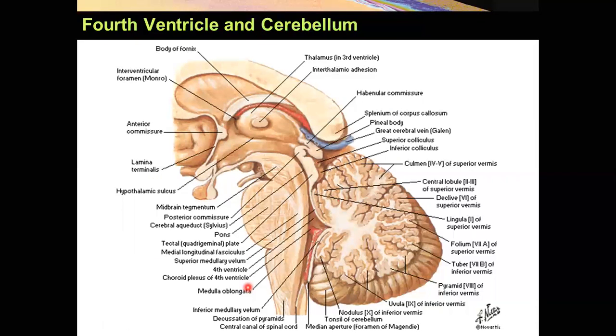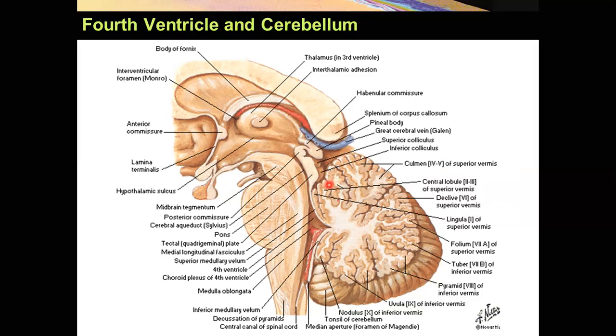Okay. Now let's look at the sagittal view of the cerebellum, starting from the superior medullary velum. Here is the superior medullary velum. Right behind the superior medullary velum, you have the lingula of superior vermis.